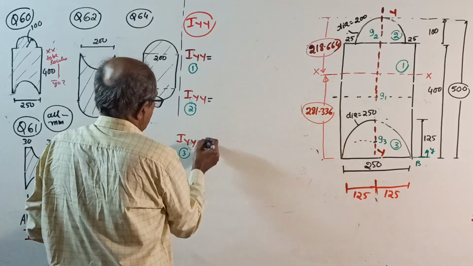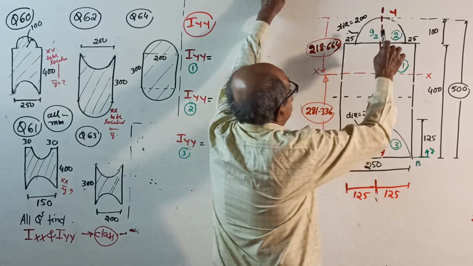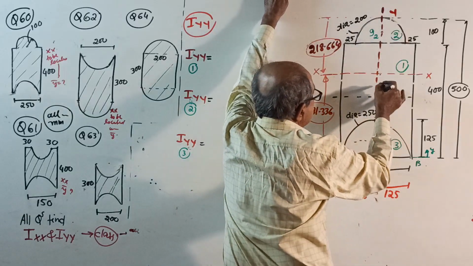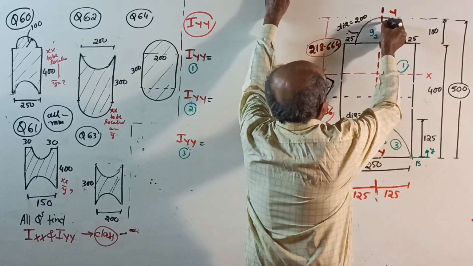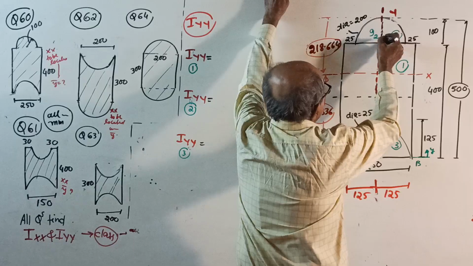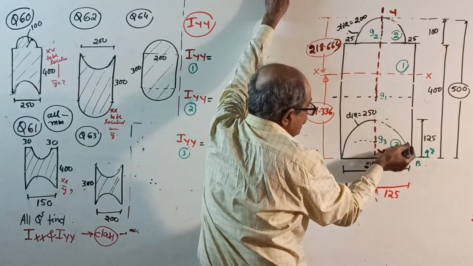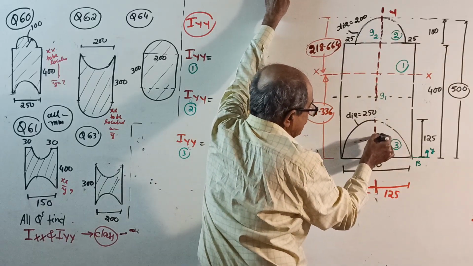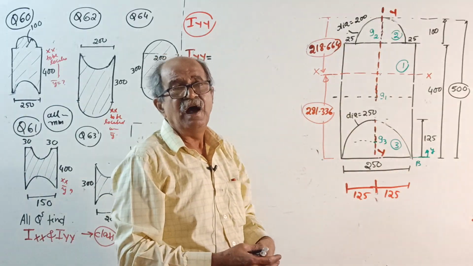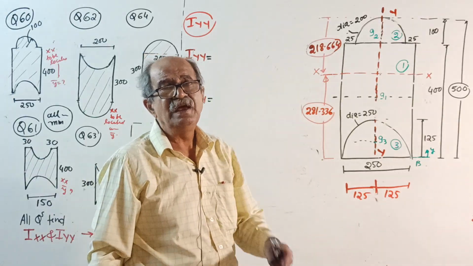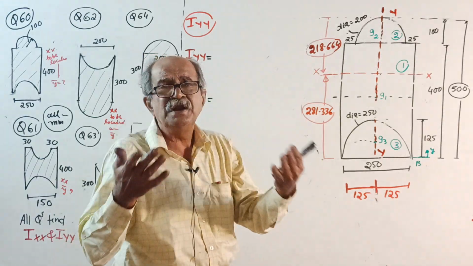For all the three, when you do IYY, its own centroidal axis coincides with YY. Here also, its own centroidal axis coincides with YY. Even for this also, its own centroidal axis parallel to YY coincides with YY. For all the three parts, when you write IG plus AH square, H becomes 0, thousands of times told.